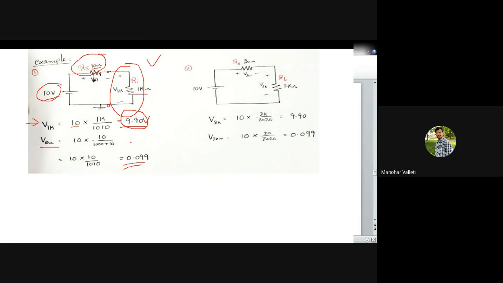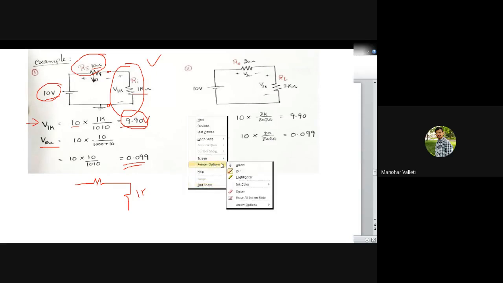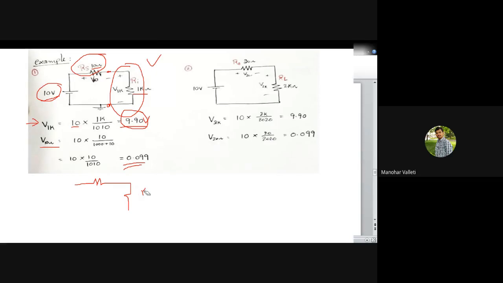Same thing, let us take it like this, where the amplifier has very little resistance.